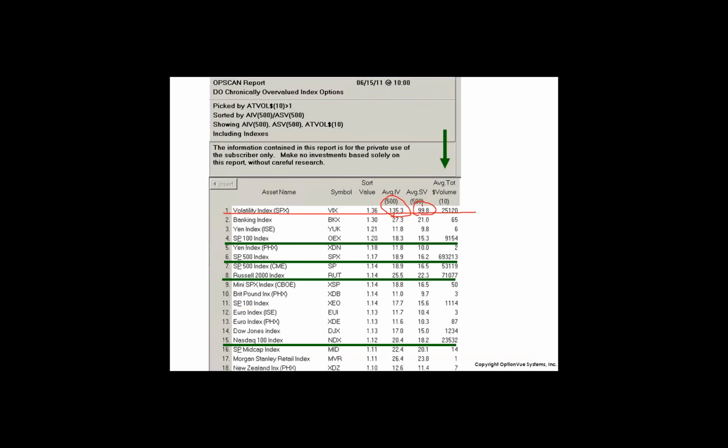Interesting side note: before the crash of '08, the Russell was at the top and the OEX was further down. The NDX has always been farther down. The Russell was the prevailing favorite for a long, long time before the crash of '08, and since then it's taken a back seat in terms of chronic overvaluedness.